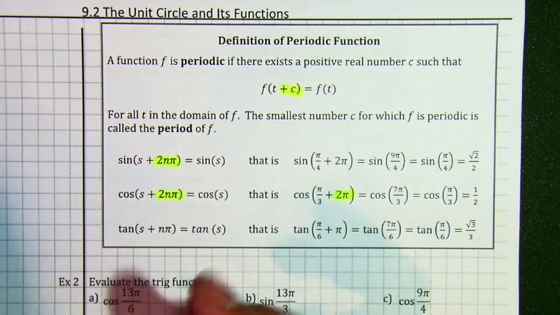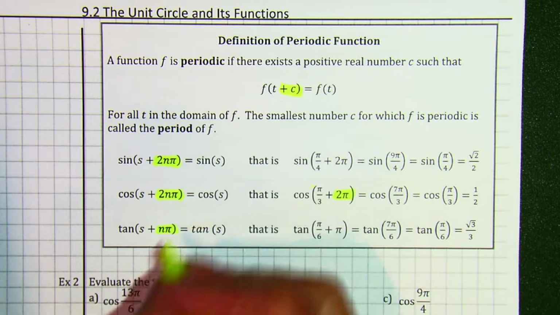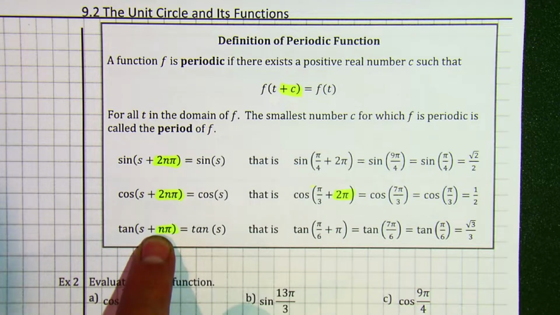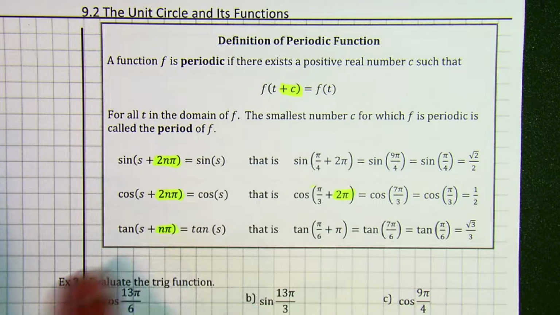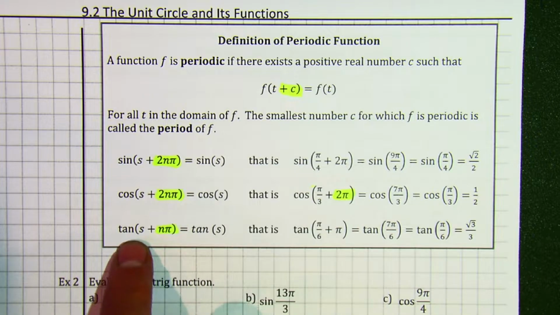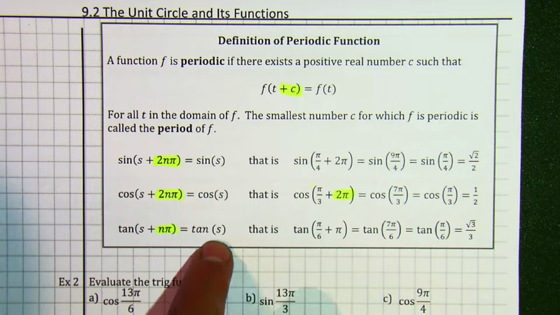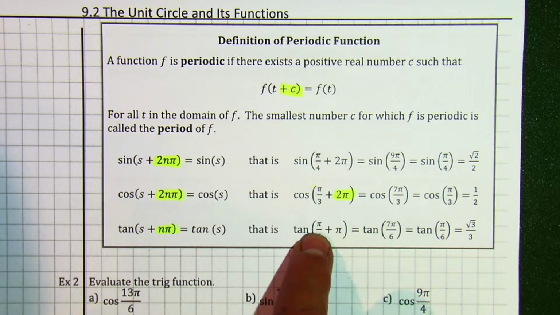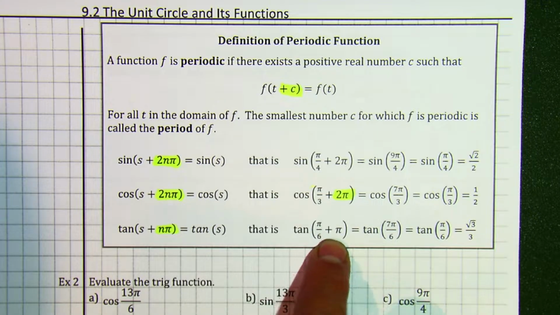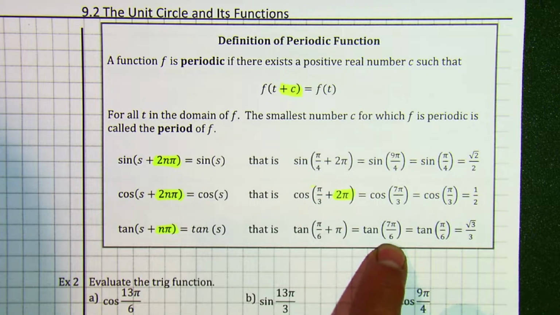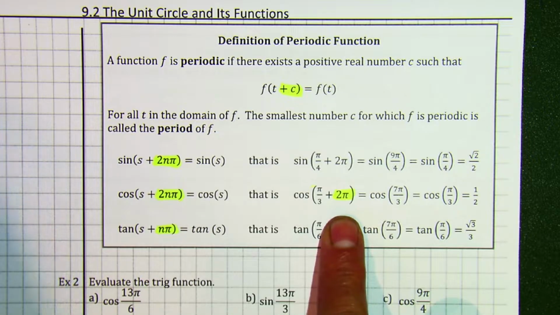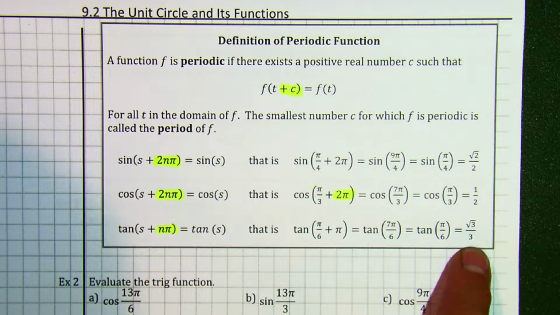And for tangent, your period is pi, where n is any number, then the tangent of s plus any multiple of pi gives you just the tangent of s, such as the tangent of pi over 6 plus pi, which is 7 pi over 6, is the same thing as if you have only taken the value of the tangent of pi over 6, which is equal to the square root of 3 over 3. So let's go through example number 2.